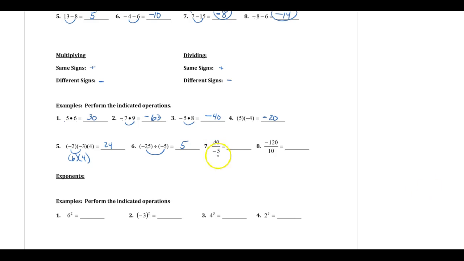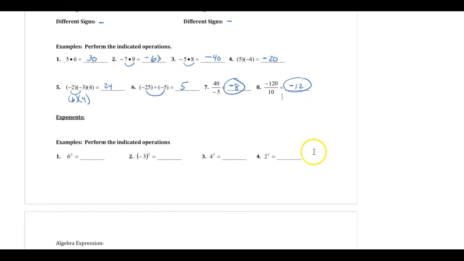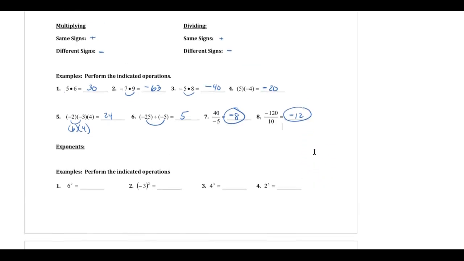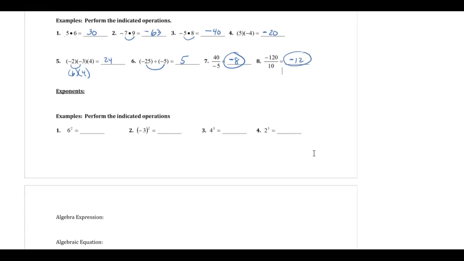Positive 40 divided by negative 5. It's different sign, so it's negative. 40 divided by 5 is 8. And number 8. A negative divided by a positive is a negative. 120 divided by 10 is 12. Okay? So that's multiplying, dividing. Same signs is positive, different signs is a negative.